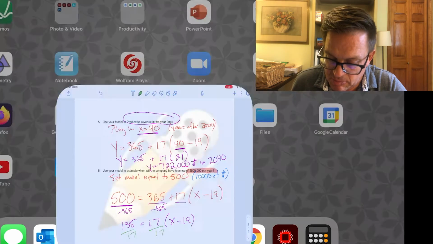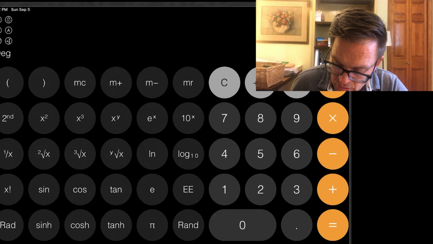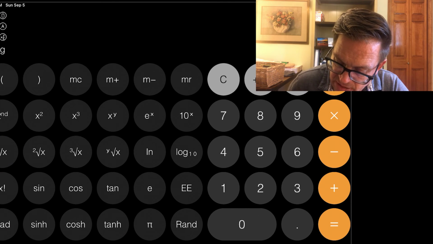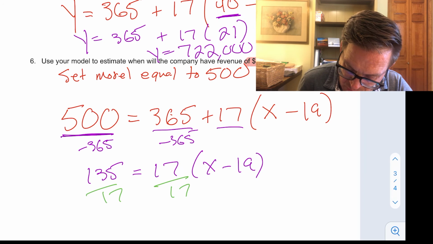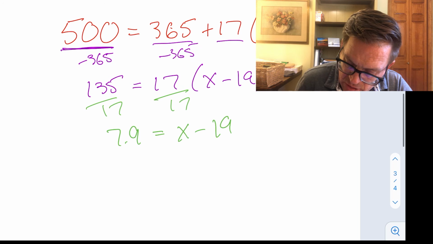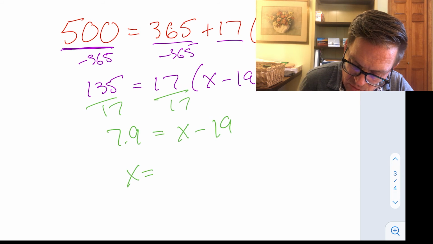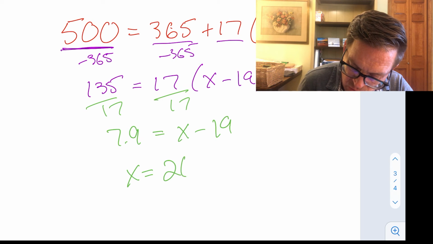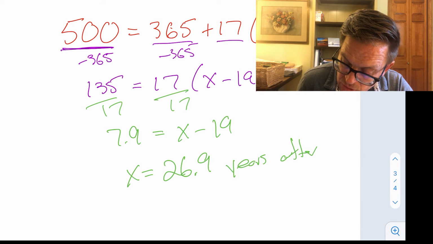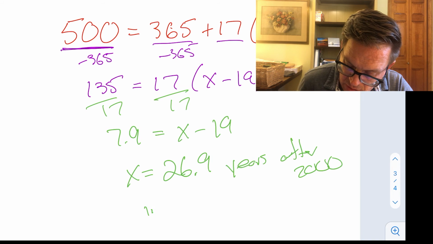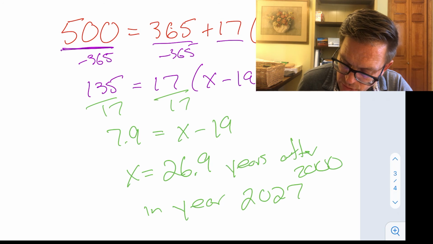And what's 135 divided by 17? 135 divided by 17 is about 7.9, equals x minus 19. So that means x equals about 26.9 years after 2000, in the year 2027 or so.